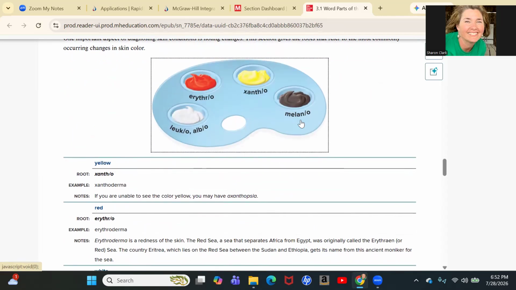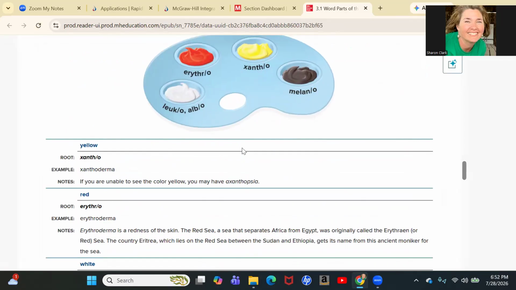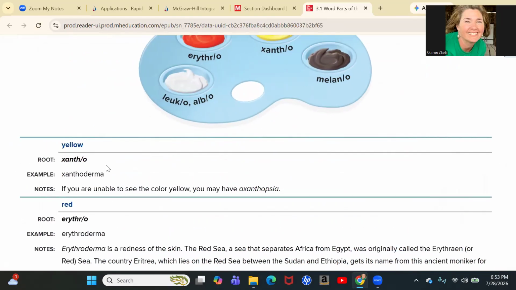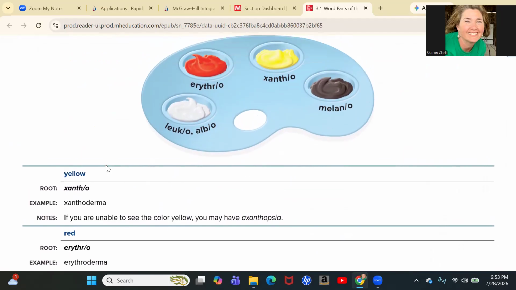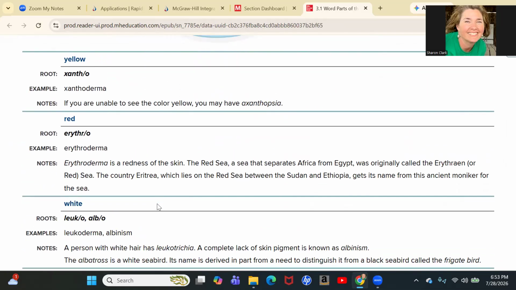Some other things that can go wrong with the skin: yellowing of the skin due to jaundice or other types of infections, crusts, pustules, those kind of things that can be on the skin. That is xantho, so xanthoderma, the yellowing of the skin.